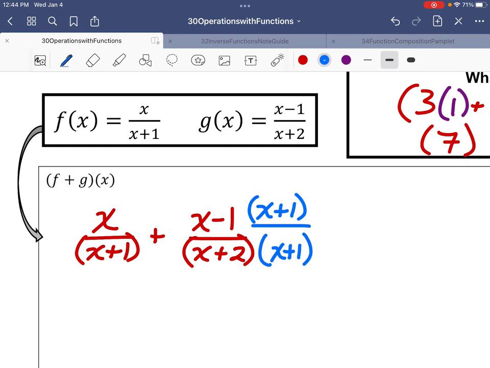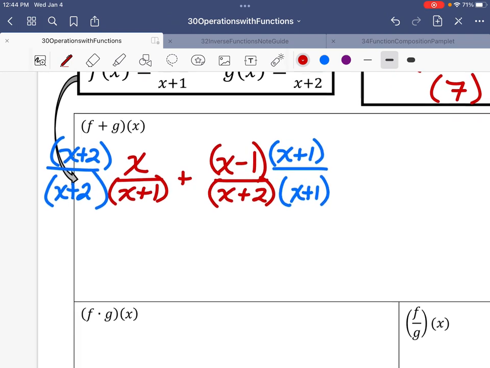So notice that x plus 2 was missing the x plus 1. So I multiplied it. But notice that the x plus 1 is missing the x plus 2. So I multiply by it. Now I actually multiply the top and the bottom. Do you notice? That's how you do a common denominator. You have to multiply the top and the bottom.